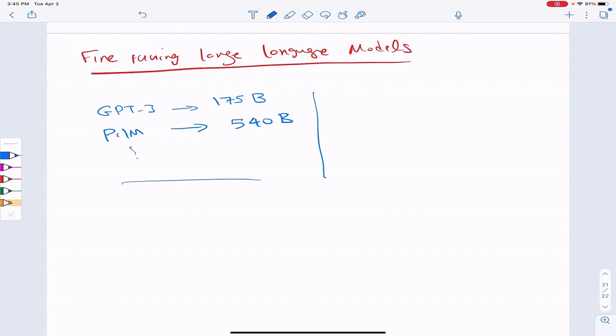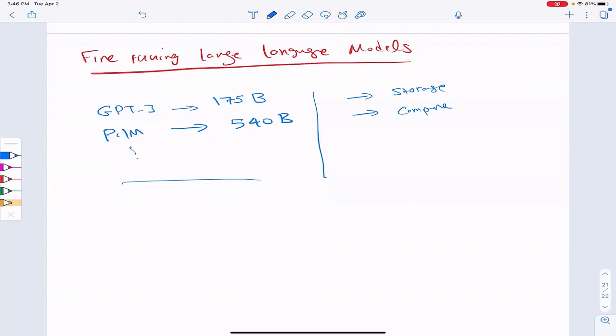And you want to do some compute on top of it to potentially change the weights of your model for your specific application. So there are issues in terms of the storage, and there are issues in terms of the compute. You need a lot of memory and a lot of compute in order to fine-tune your model.